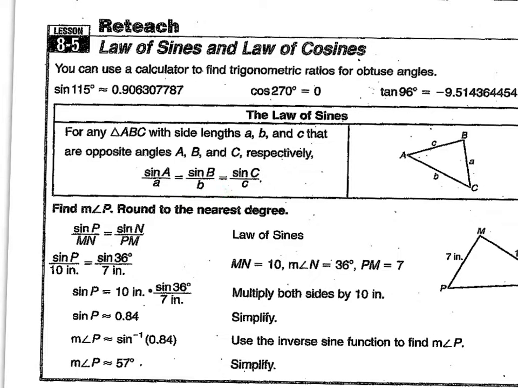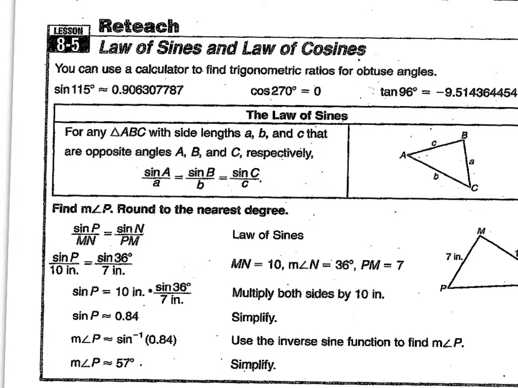A and B are angles, and the side lowercase a is across from the capital vertex A, lowercase b is across from the vertex capital B, and lowercase c is across from the vertex capital C. So you're always going to find the side across from its corresponding angle.